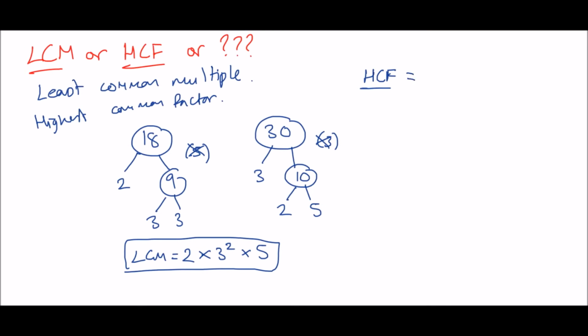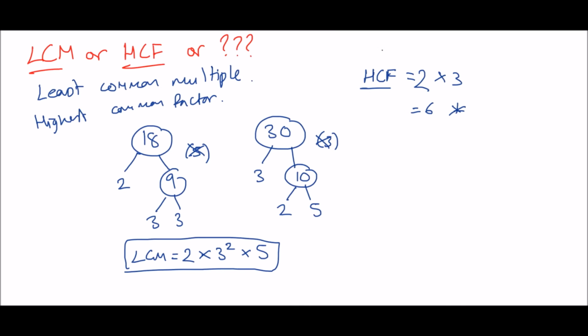Well, firstly, they both have a single 2, one here and one here. And they both have at least a 3 each. So this has two 3s and this has one 3. But because they both have at least a single 3 in common, we just write a single 3. This one does not have a 5, but this one does, so we do not write 5. Hence, the highest common factor here is 2 times 3, which is 6.